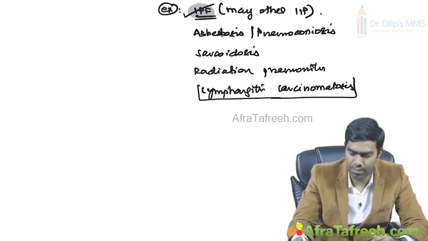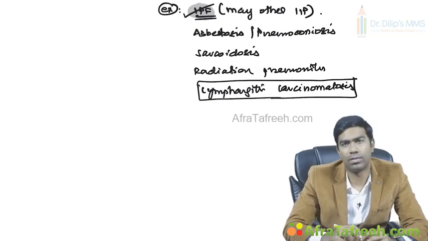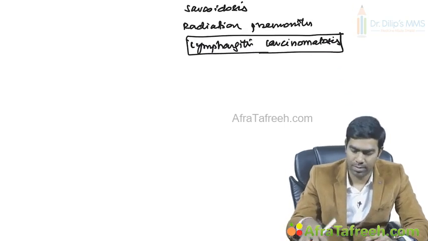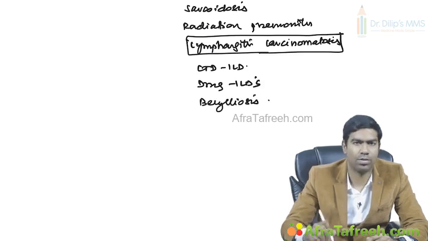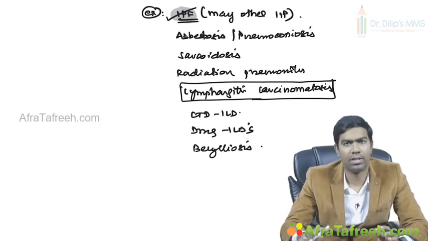Very, very important. Then you can get with connective tissue disorder related ILDs, drug induced ILDs, berylliosis. I should have told there itself, pneumoconiosis. So, lot of conditions can produce this reticular pattern.